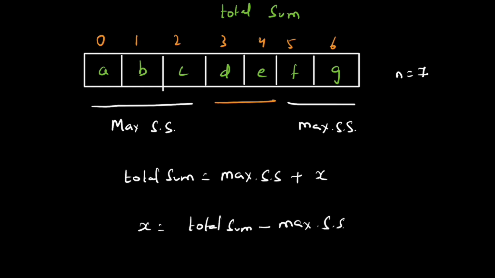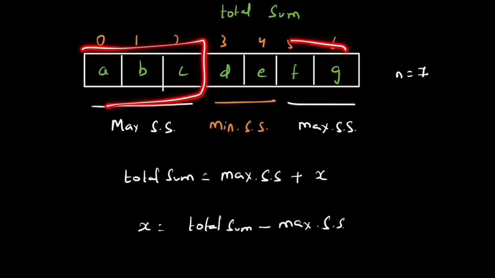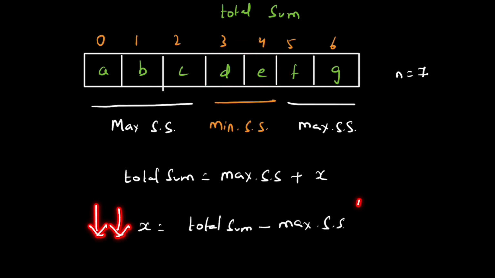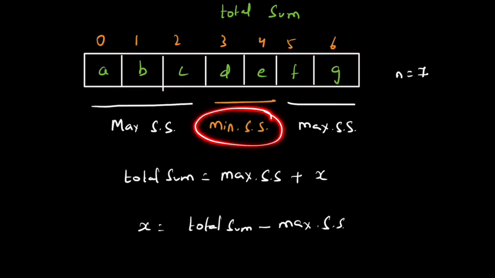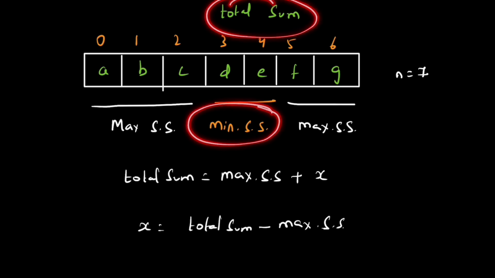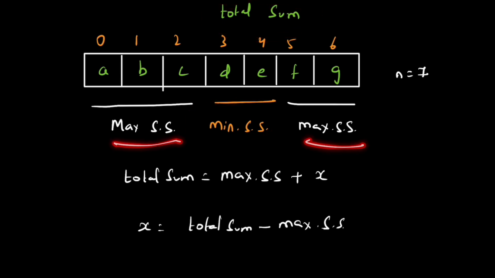So x will be minimum sum subarray. Now instead of finding the maximum circular subarray sum, we'll find the minimum subarray sum, because if we minimize the minimum subarray sum, maximum subarray sum will automatically increase. Now this was the observation, that instead of finding the maximum circular subarray sum, our intention is to find the minimum subarray sum. And if we subtract minimum subarray sum from the total sum, we'll get the maximum subarray sum.